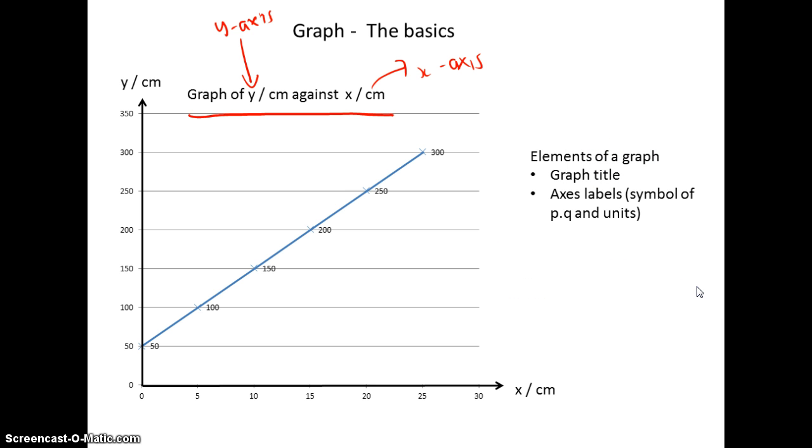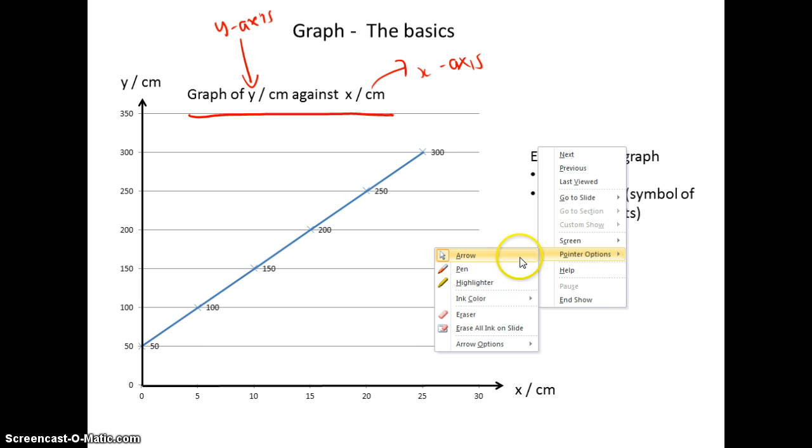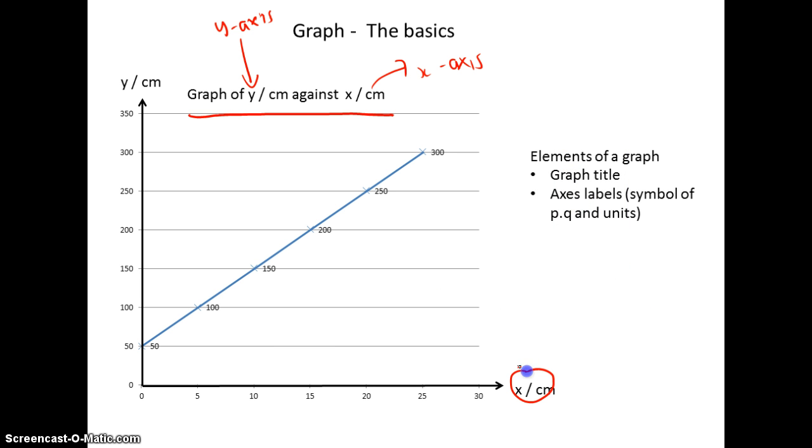Next, there must be axis labels. Axis labels are basically what you see here. They must always be accompanied by the symbol of the physical quantity and then the unit. It's always like this.